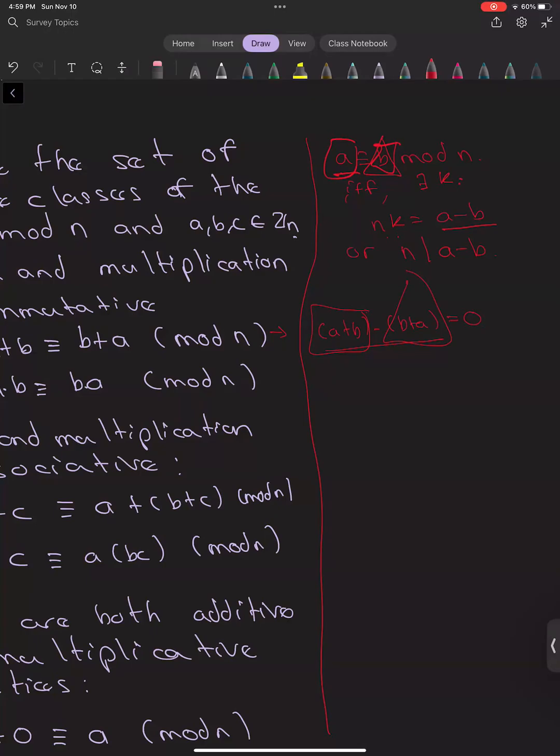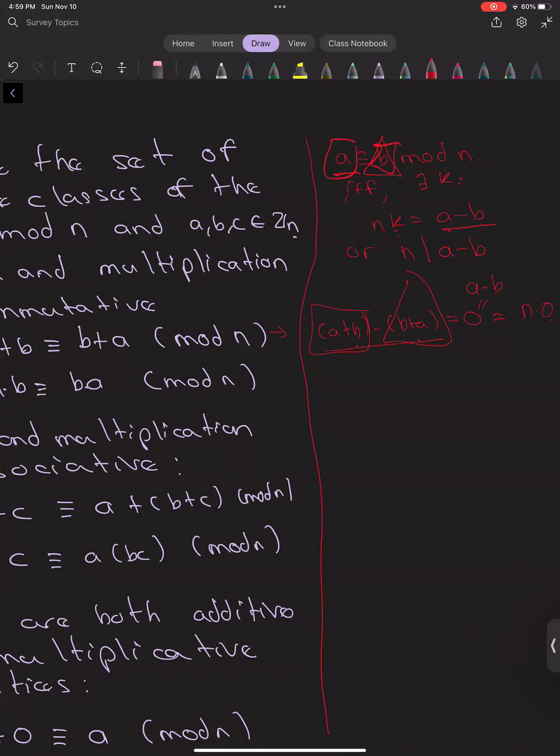So in this case, a minus b is 0, and this equals n times 0.